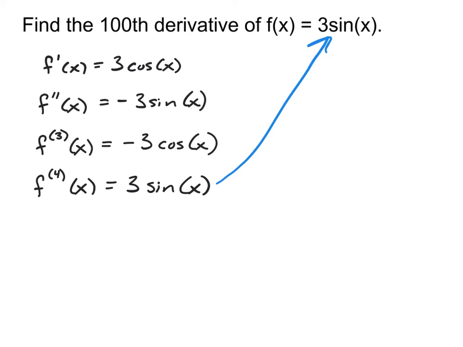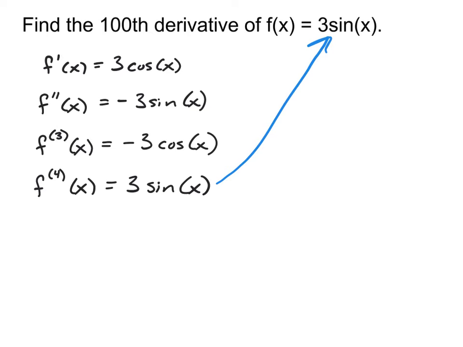All right, so as we take a look at working this one through, we again start by thinking about what would the derivative be each time and where does it start cycling through itself again. And just like the last one, it's every 4 derivatives, it's going to get back to where it started from. So you see there, the 4th derivative gives me 3 sine of x again. All right, so knowing that then, I'm going to go out to 100.